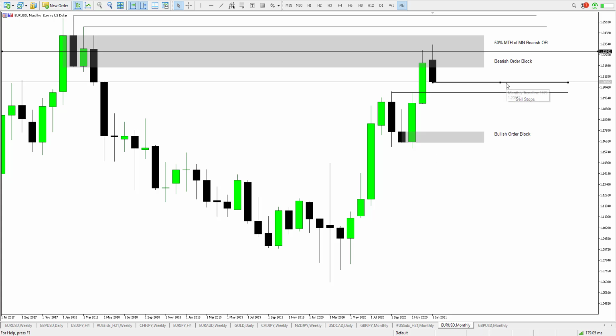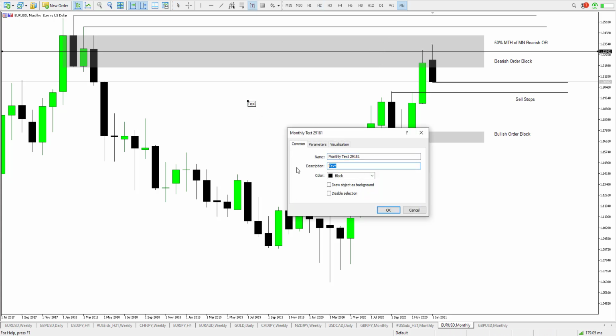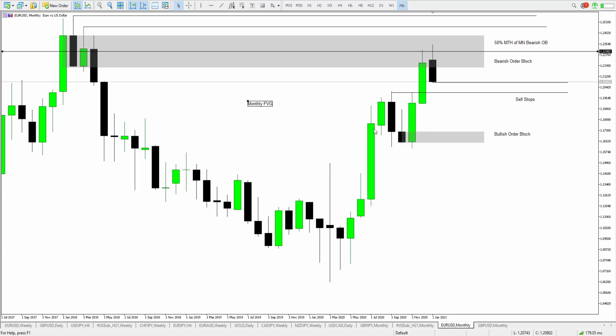Remember, price differs from broker to broker. What is this range here? You see that range? That's our fair value gap. So that's our monthly fair value gap.